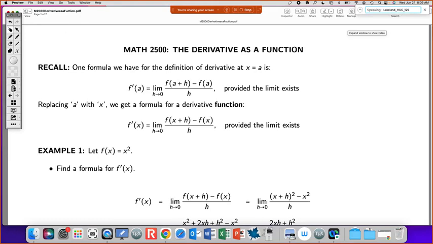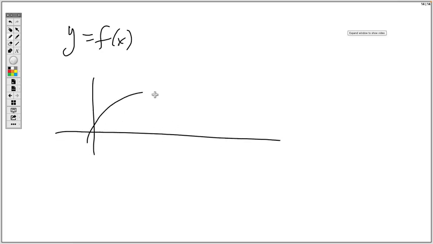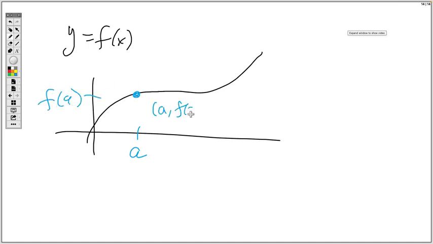All right. So yesterday we started what I call the differential calculus, and we talked about this thing called the derivative. So if we have a function y equals f of x, it looks like this, and we look at a particular point on the graph, a comma f of a, we notice that on some graphs, if you zoom in far enough, even though globally it looks like a curve, if you zoom in, it's going to look like a what?